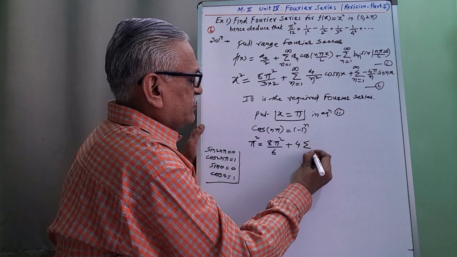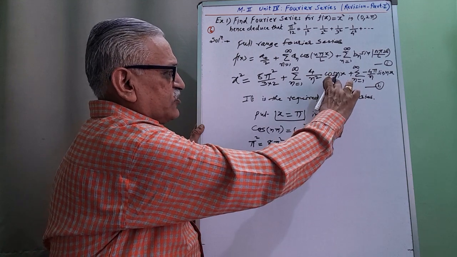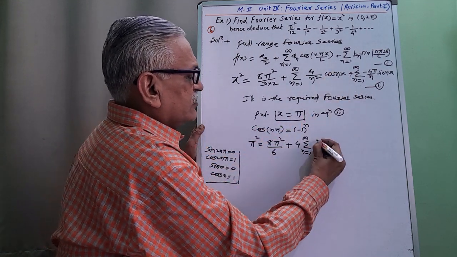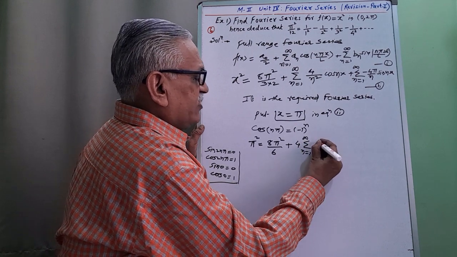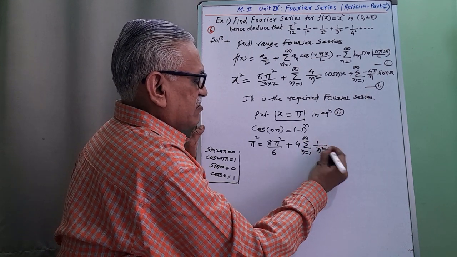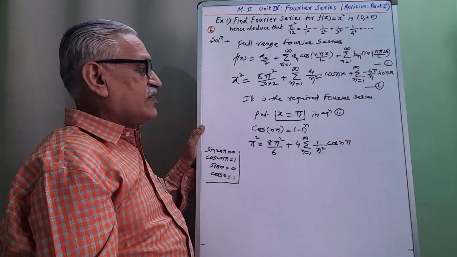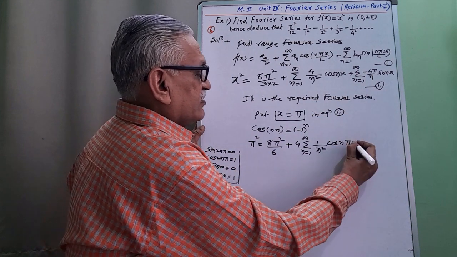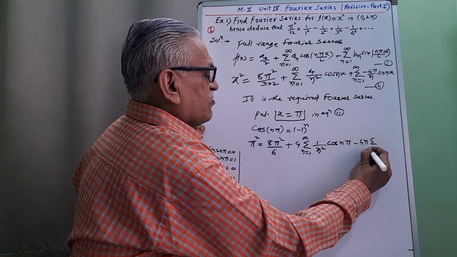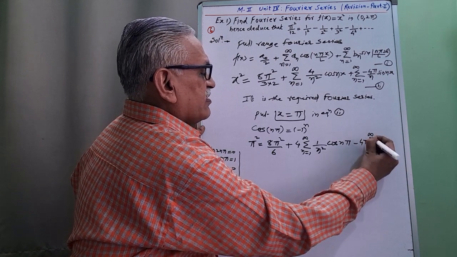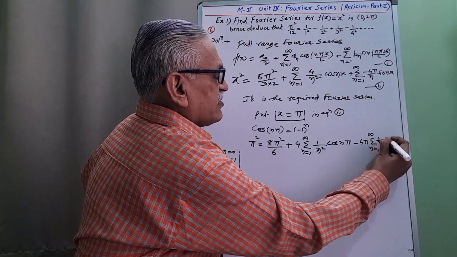plus 4 summation from n equal to 1 to infinity. When we substitute x as pi, it becomes 1 by n square into cos of n pi, and the second one minus 4 pi summation from n equal to 1 to infinity 1 by n sin n pi.